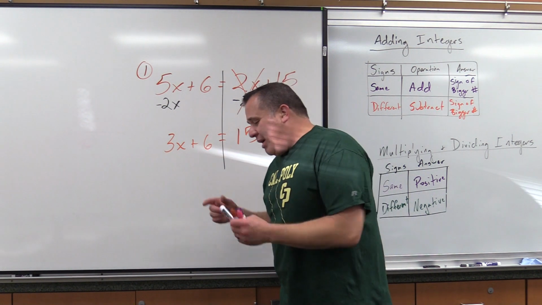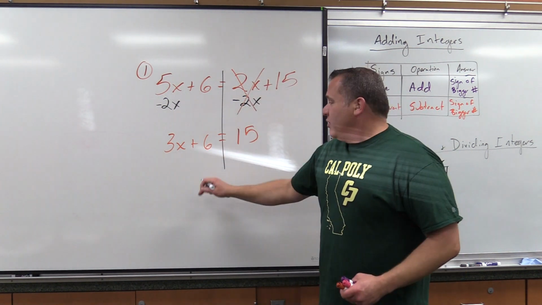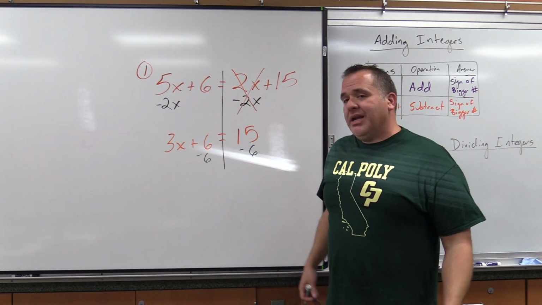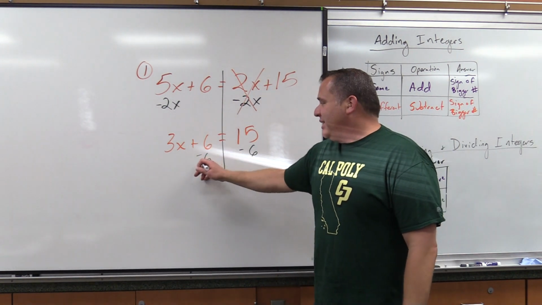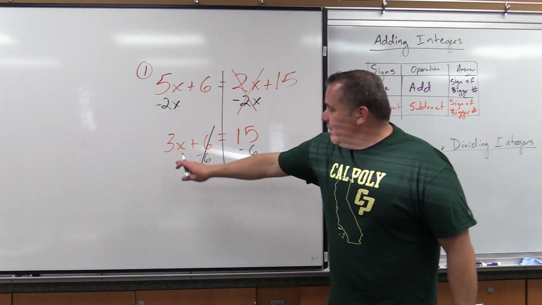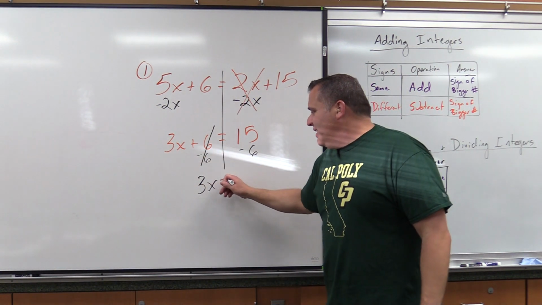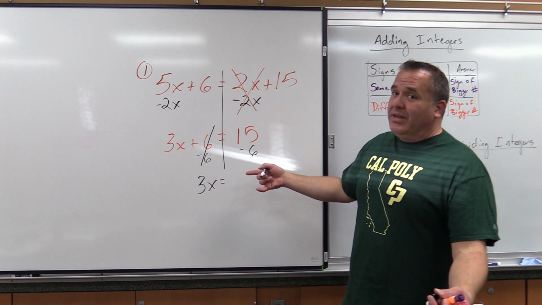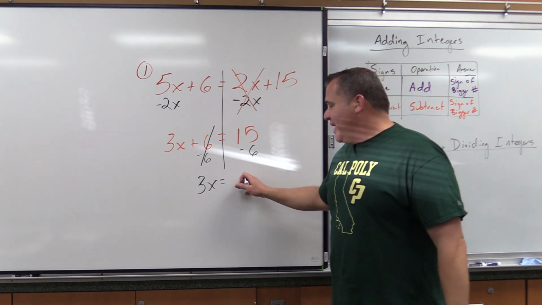Negative 6. So we're going to add negative 6 to both sides. Now when we do this, 6 minus 6 is 0, so they cancel out, leaving us with 3x is equal to 15 minus 6. 15 minus 6, hopefully we know, is 9.